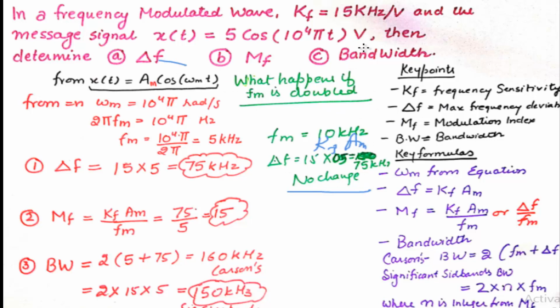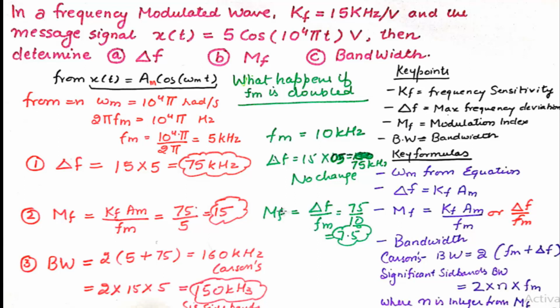Will there be a change in modulation index? Yes, because now the modulation index will become 75 upon 10, because Fm is 10. So this will become 7.5. This is halved. So by changing Fm to double, we get the modulation index to be halved.